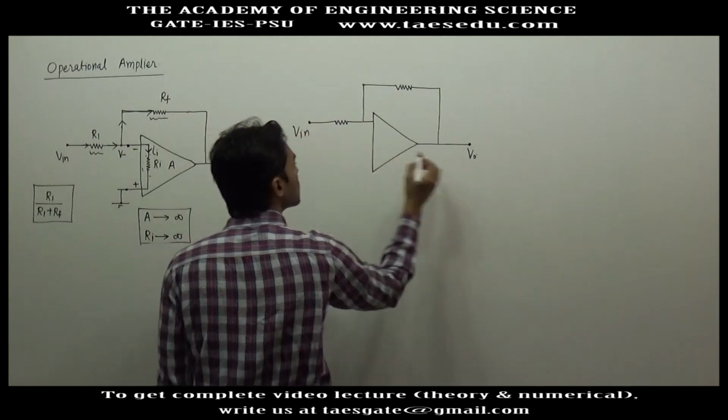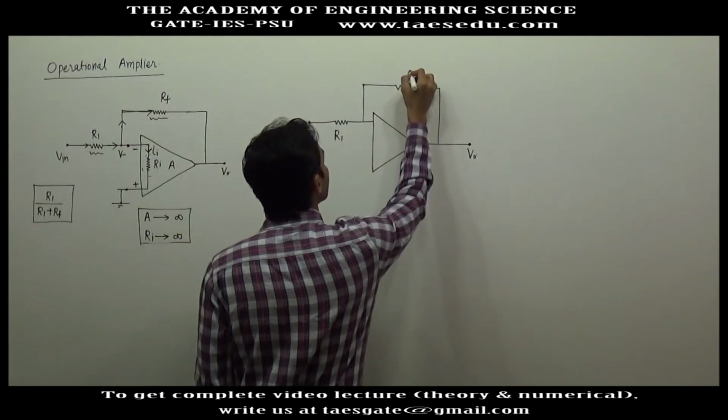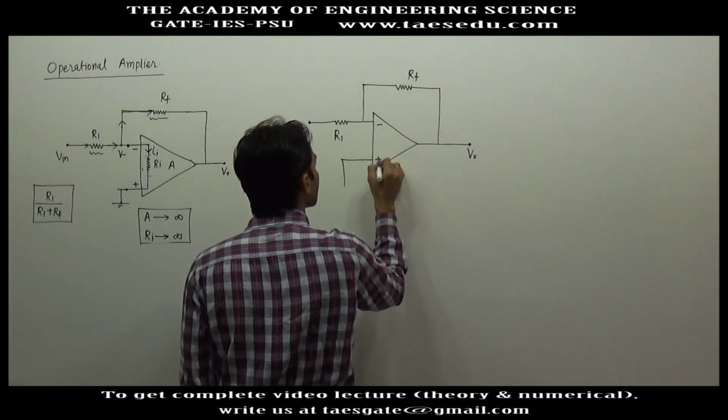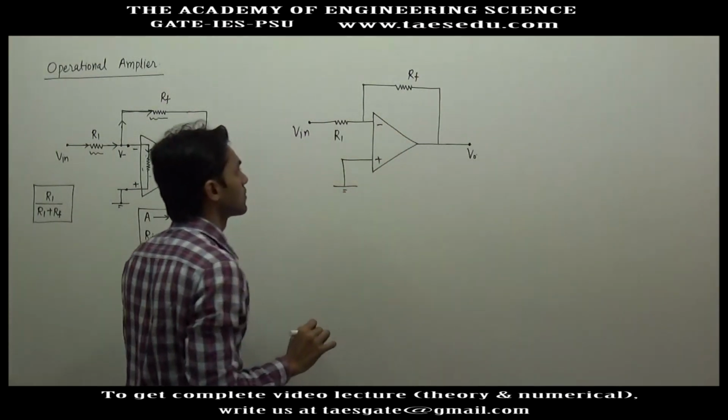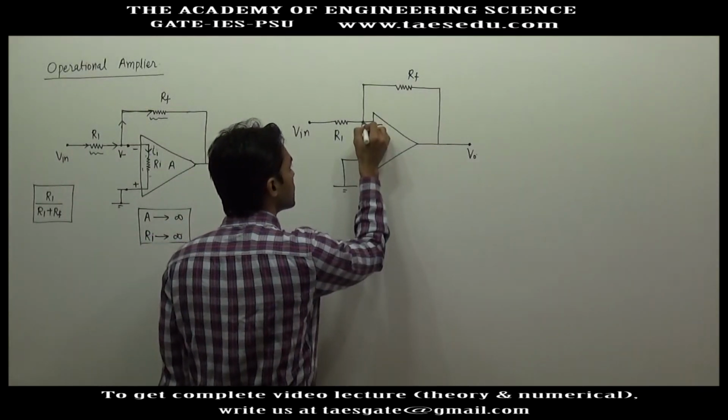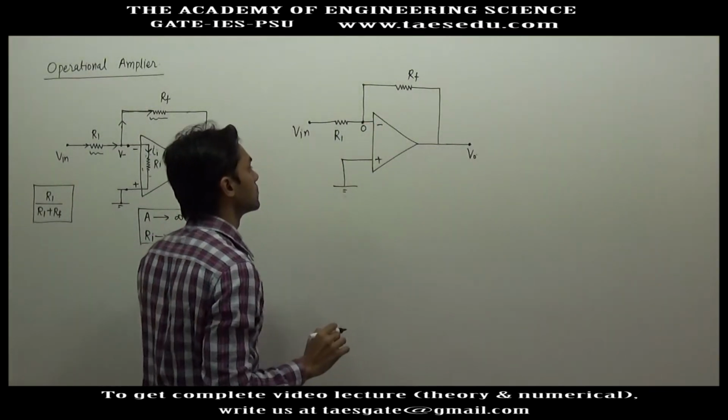This is V input, V output, R1, Rf, and negative, positive, this is grounded. So this is connected as negative feedback, it is connected to 0, so the potential at this point will be 0.